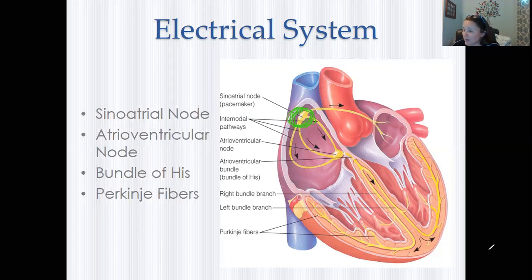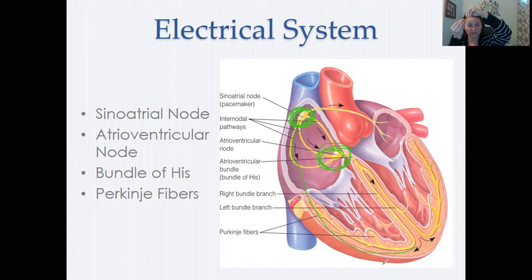It's starting there and making its way down. So your AV node, right here in the middle between atria and ventricles, kind of works to hold it. If you had the electrical impulses shooting down pathways from your atria straight on down into your ventricles, what would happen?